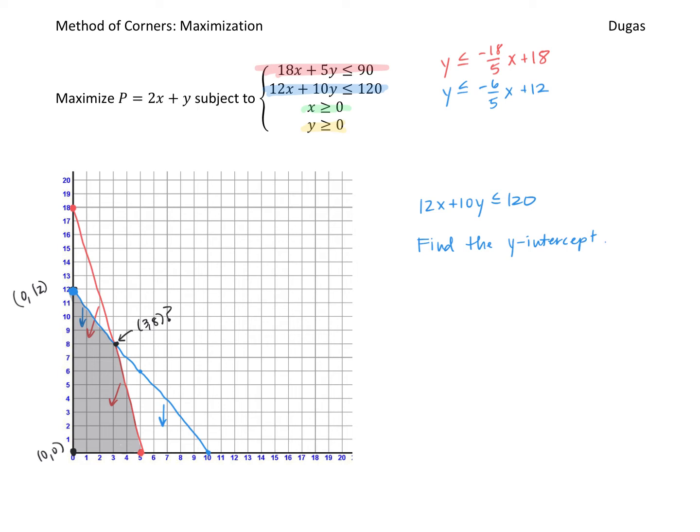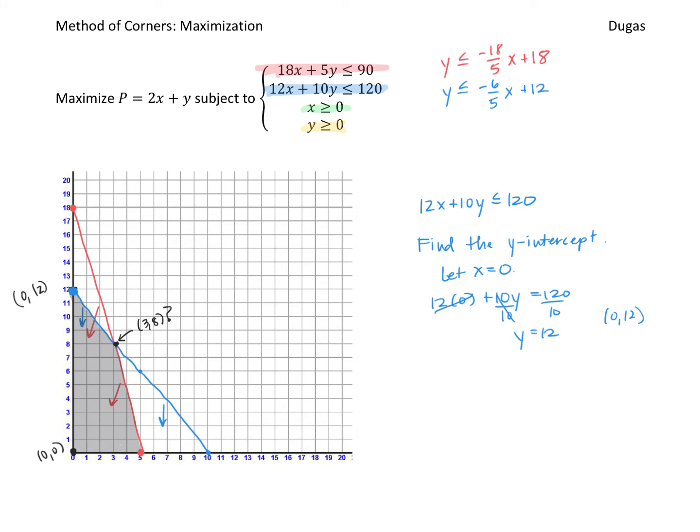And you would do that by letting x equal 0. So you would have 12 times 0 plus 10y is equal to 120. Divide by 10, so y is equal to 12. So right there I see that yes, that point is indeed 0, 12.